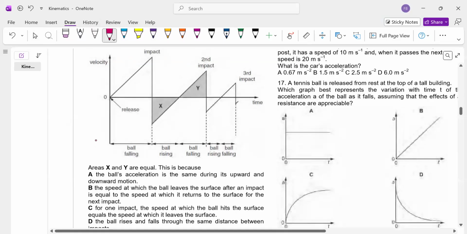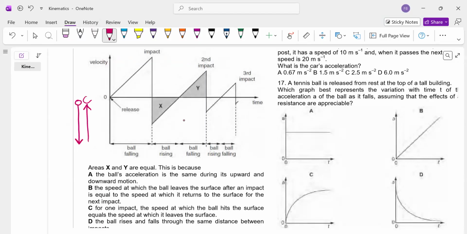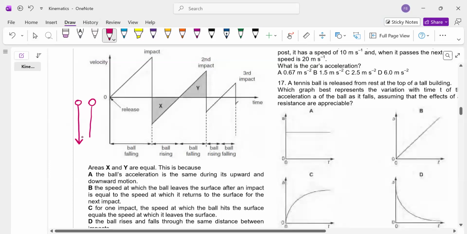When it strikes the ground, it will bounce back at the same height. This can be the reason for the equal area. And it will happen when you have negligible air resistance. When resistance is zero, it will bounce back at the same height. So this can be the option.